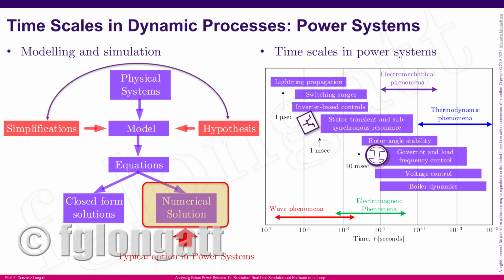There are two different possible solutions from the mathematical point of view. We can have closed form solutions. We want to have that because it describes the family of functions that define the system. However, in reality, electrical power systems are complex because of their size and because of the interactions and coupling between the variables, and as a consequence, we need to use numerical approximations, numerical solutions, to get the dynamics of the system, okay?